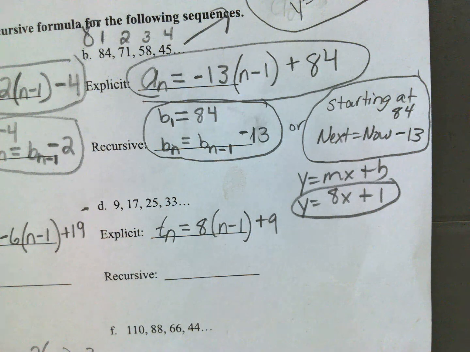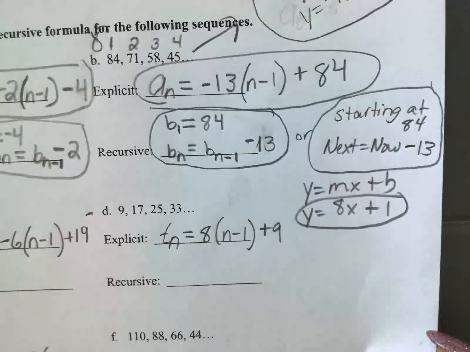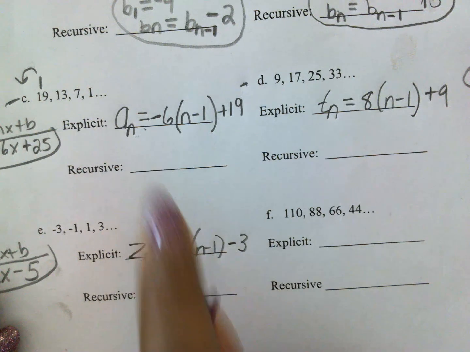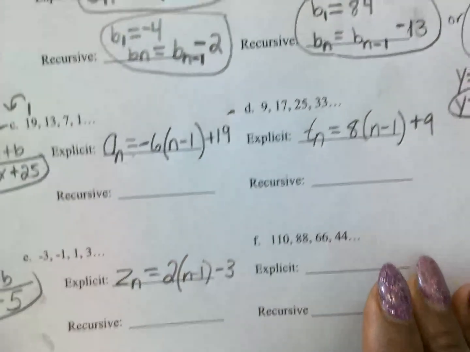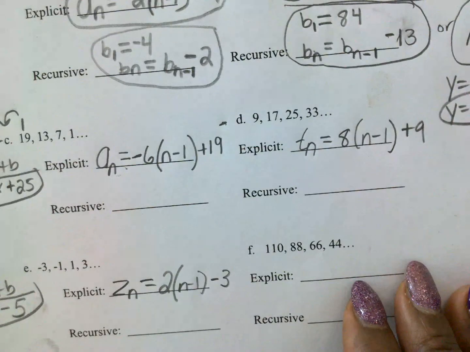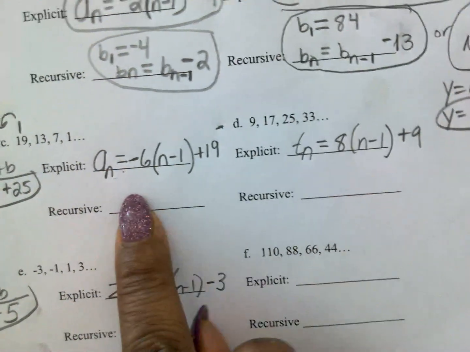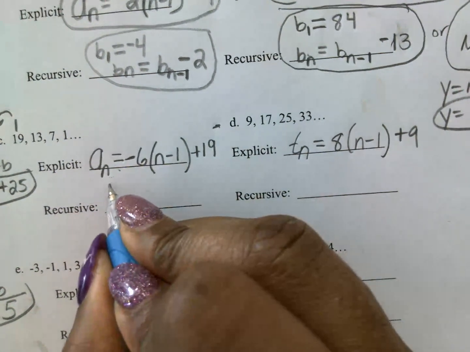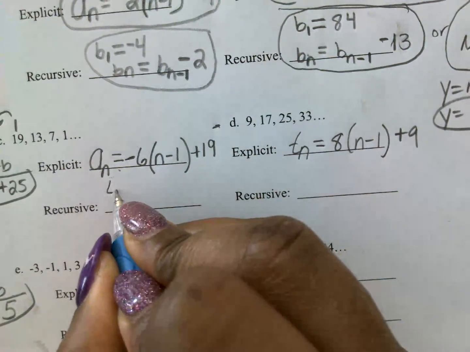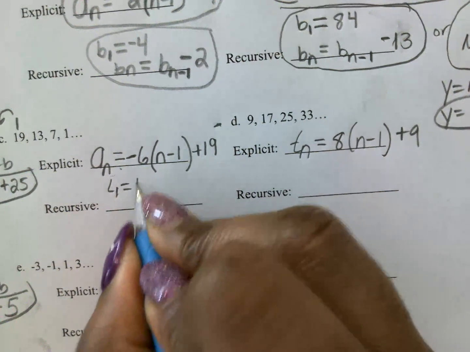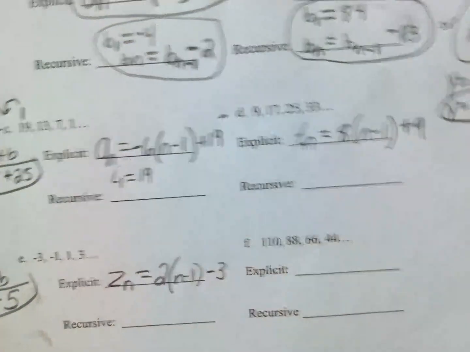All right, let's try another one. Ready? Okay, so you have to again tell it what the first number is. What letter do you want to use here? L. All right, so we have L sub 1 is equal to 19. The first number is 19.